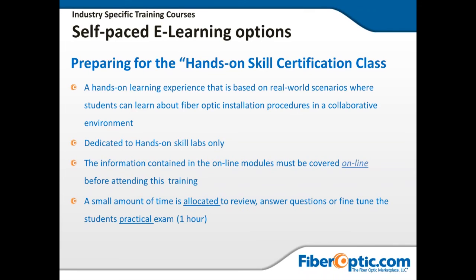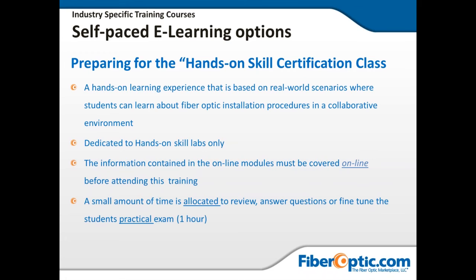So it's about installation procedures. The 2 or 3 days are dedicated to skill labs. That's why it's important that you understand why the online modules should be covered before attending, so you know what the outside plant cable looks like or what the ring tool is used for.